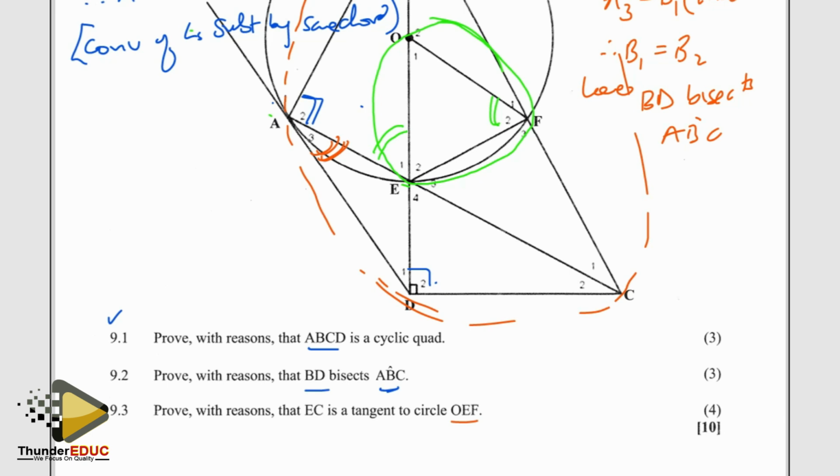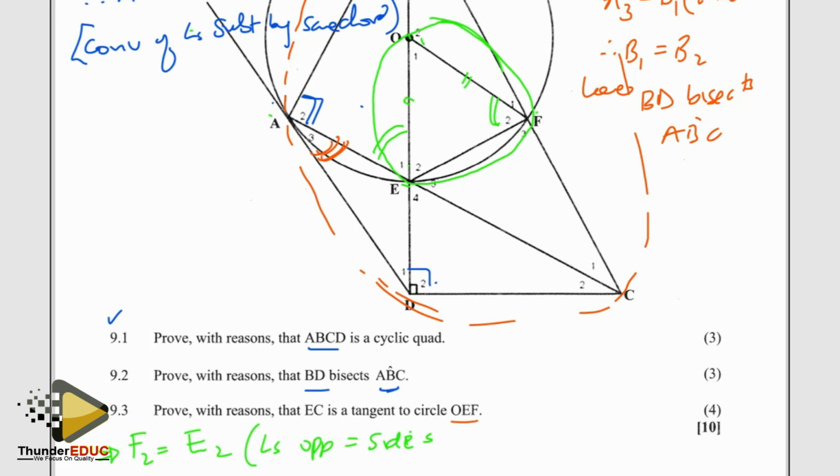Okay, so what do we do? What I'm going to start by saying is that we know that F2 is the same as E2. Angles opposite equal sides, because this is a radius, and this is also a radius of the circle.